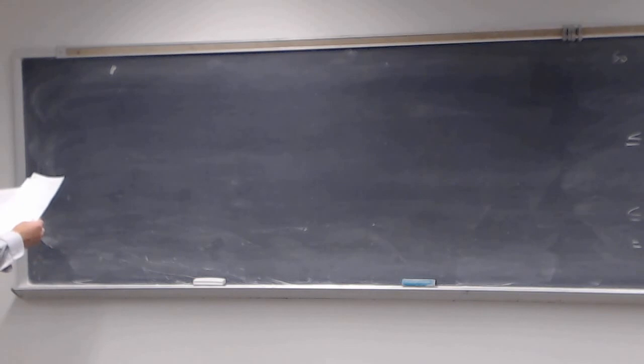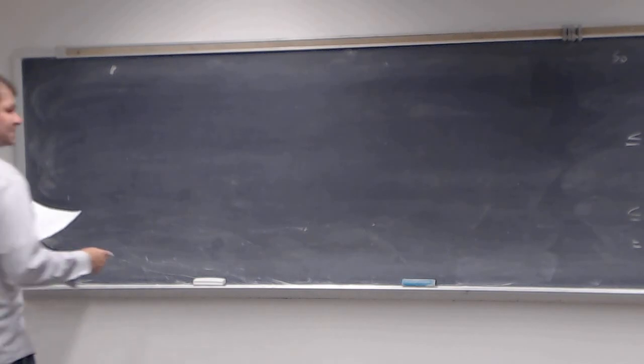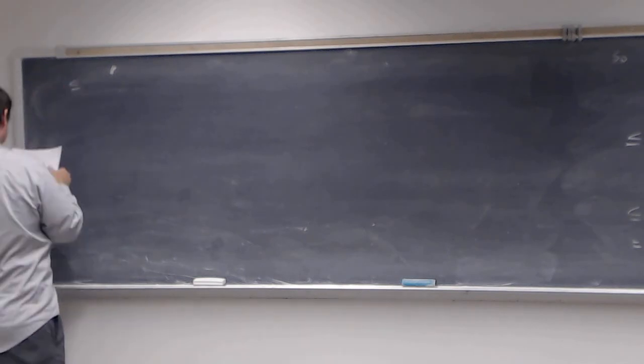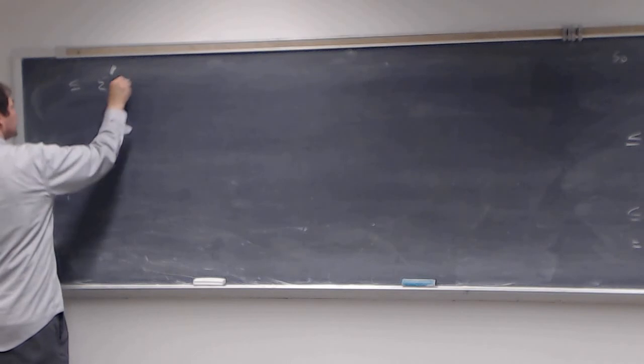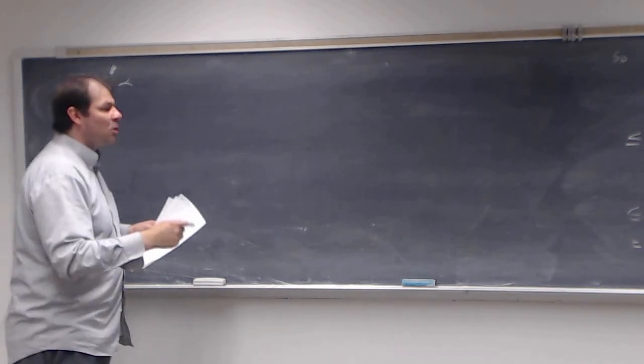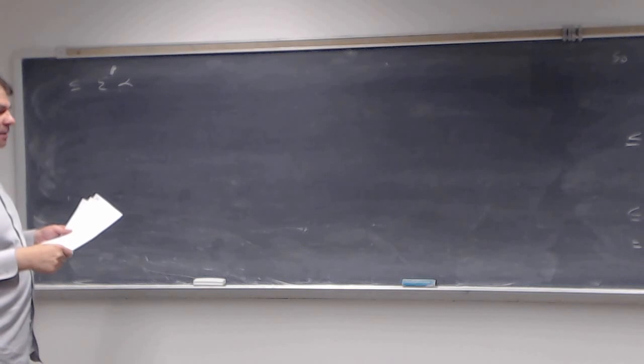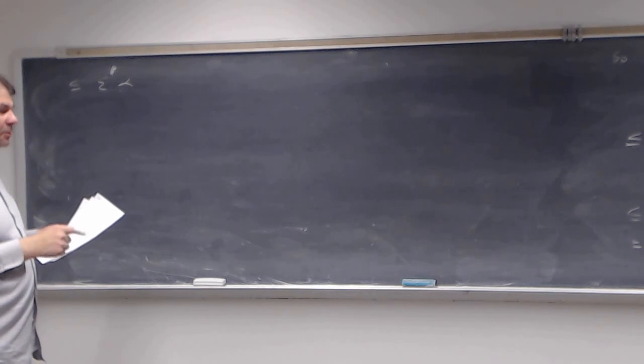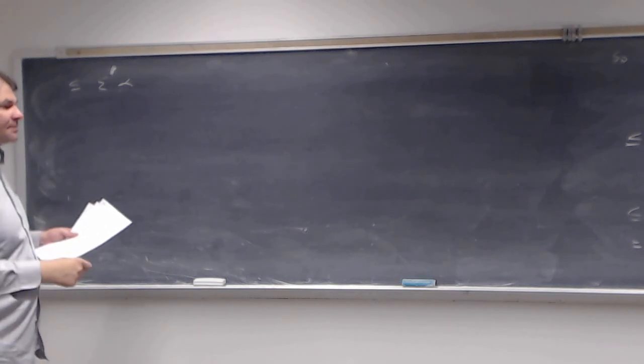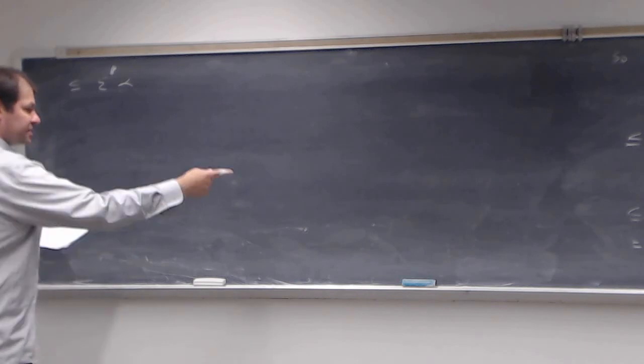Okay, this is going to be less than or equal to epsilon times alpha. What was alpha? Alpha was the sum of the series of the absolute values of the a sub n's. And so that's just part of them.